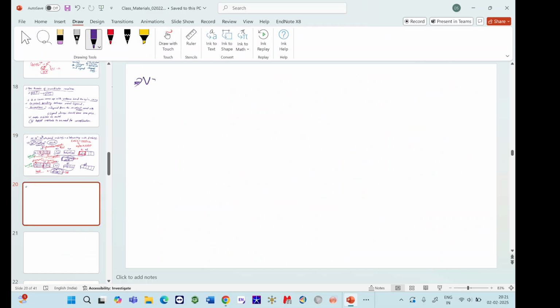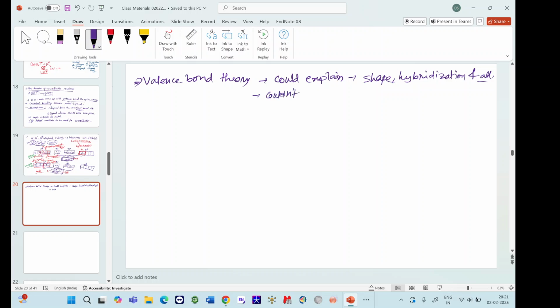So valence bond theory could explain the shape of molecules, shape, hybridization, and all, but it could not explain the color, from where the color is coming, and the change in magnetic field with temperature.